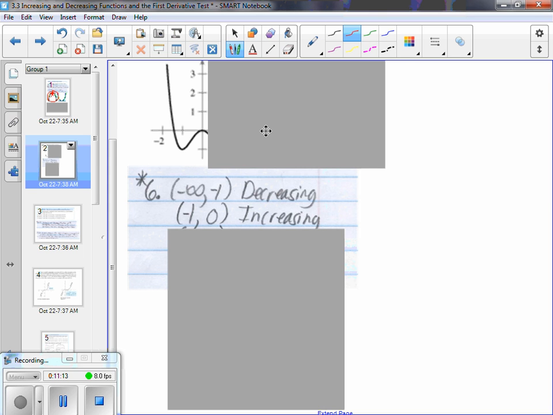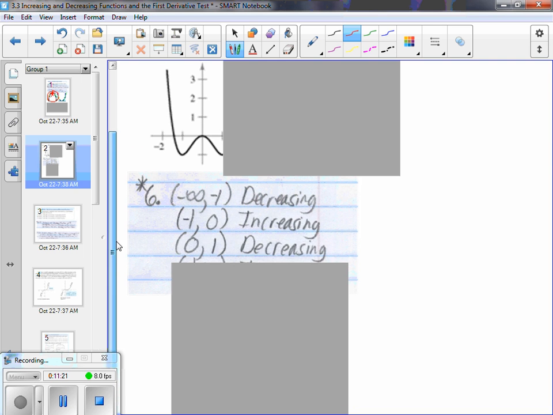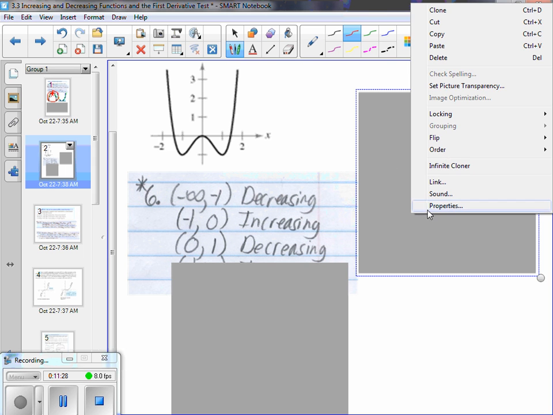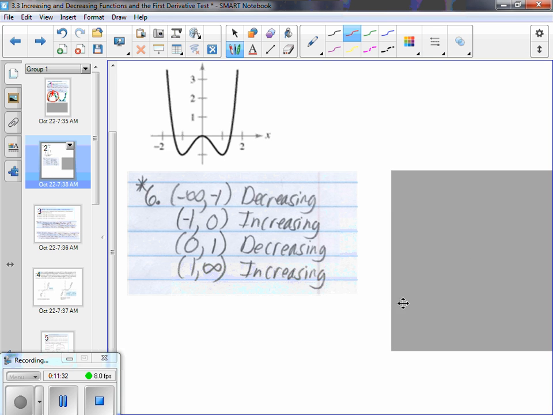So from 0 to 1, decreasing. And then increasing. So from 1 to infinity, increasing.